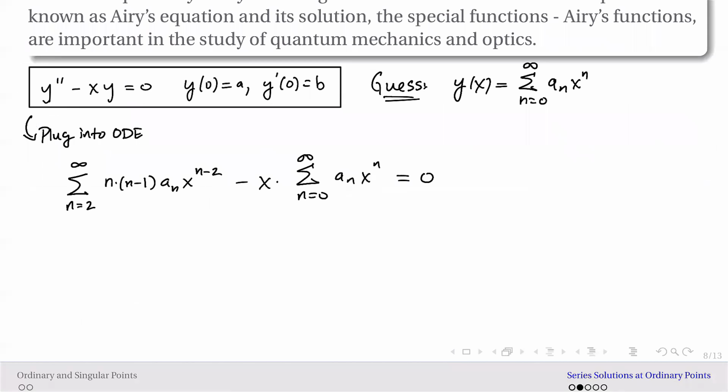All right, so same song, different verse. Here is the first example that we were looking at. A couple different ways to go about it. Once again, I like to get x to the same power in both of them. So I would recommend the next step for you should be to bring this x in. If you do that, this is now an x to the n plus 1 power.